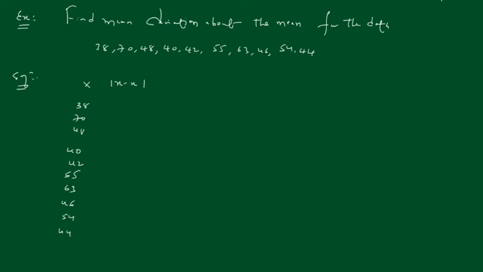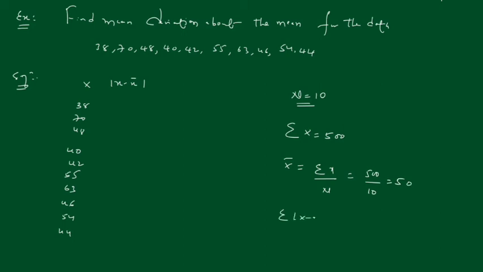Here the number of values n equals 10. So summation x equals 500, if you add all these values. So x bar equals summation of x upon n, 500 upon 10. So 50 is our x bar.